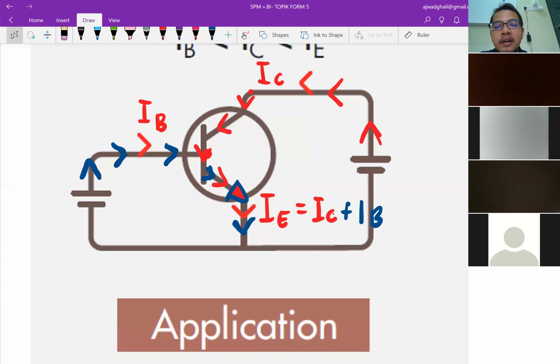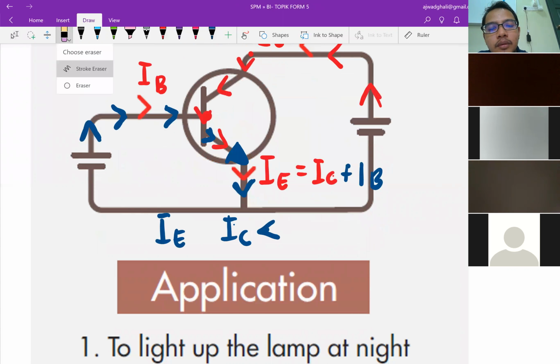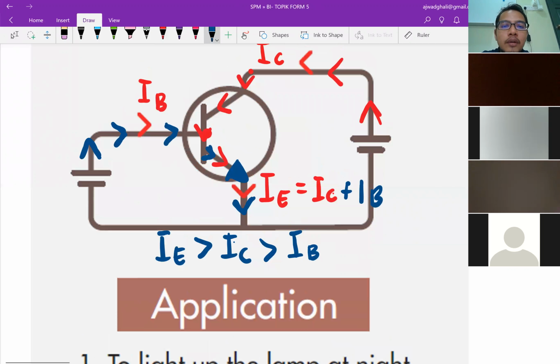So the biggest current is E, the emitter current. The second biggest current will be the collector current. Emitter is bigger than collector, and collector is bigger than base. So the smallest current will be the base current.